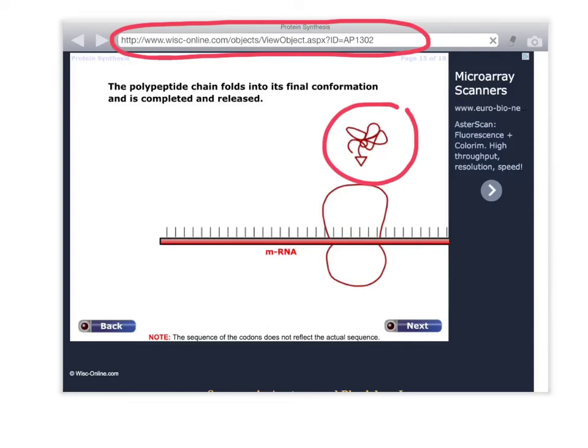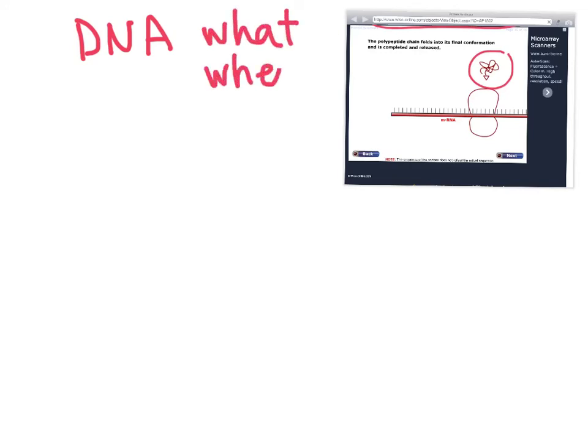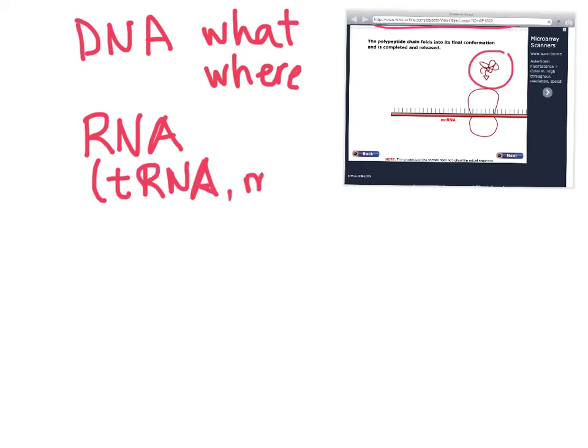So for your quiz, just a quick reminder here. You need to know what DNA is and where it's found, so what and where. You need to know what RNA is and the different types. So you need to know that there's tRNA and mRNA. You need to know the differences between DNA and RNA.